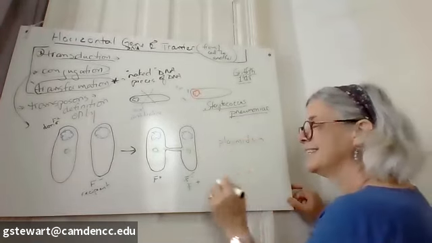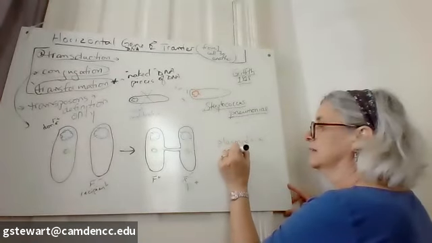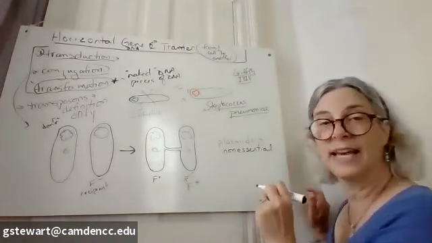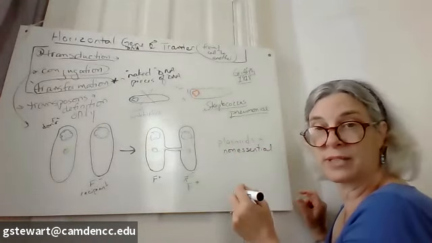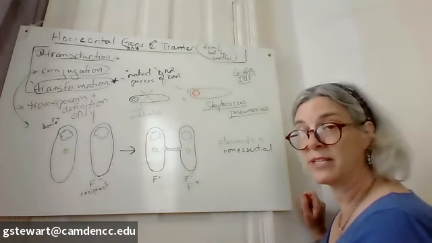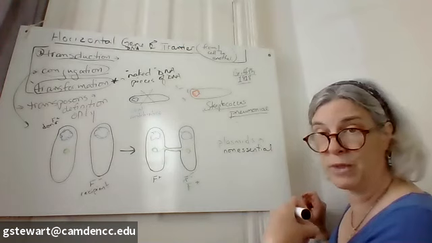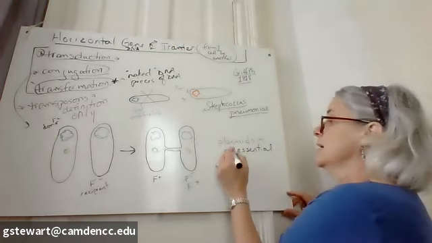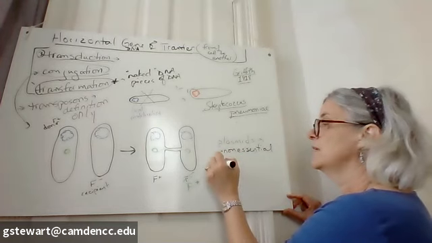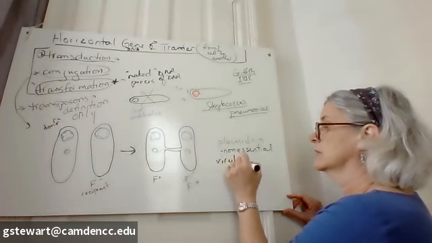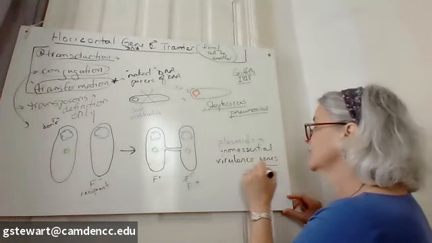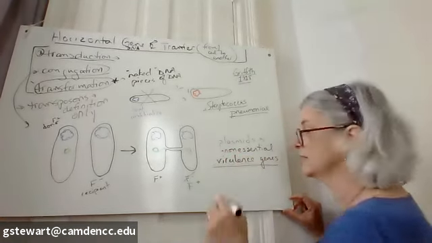So it's not essential, but if you have it, you're going to be much more successful at causing an infection. So it's good for the bacteria, bad for the host, like if we were the host of this infection. Non-essential, but usually virulence genes. And virulence are factors that increase the likelihood that you're going to cause an infection.